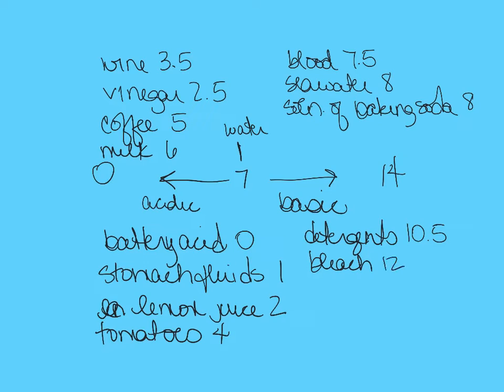That's about 12. Trying to think of anything else. Things like antacids that we take for heartburn. I think if I remember correctly, antacids are about 10 as well. So just the pH of various normal household items.